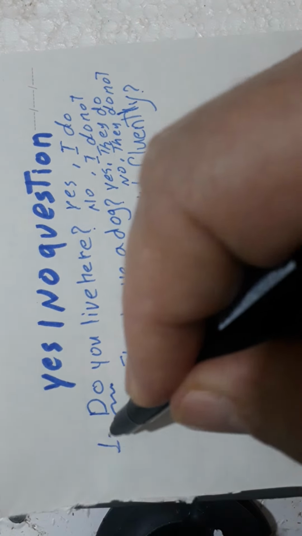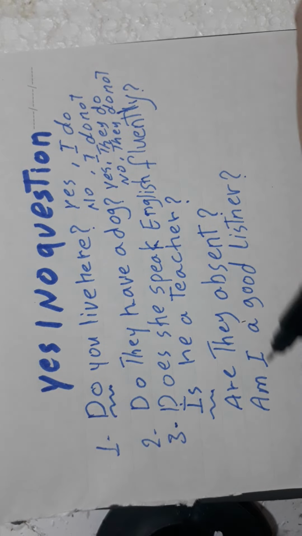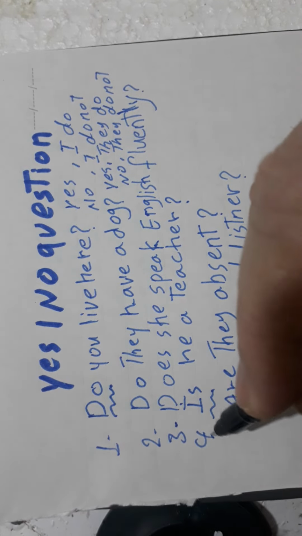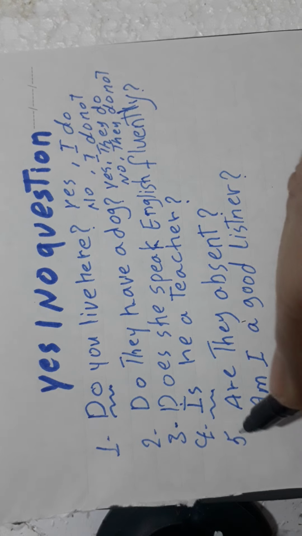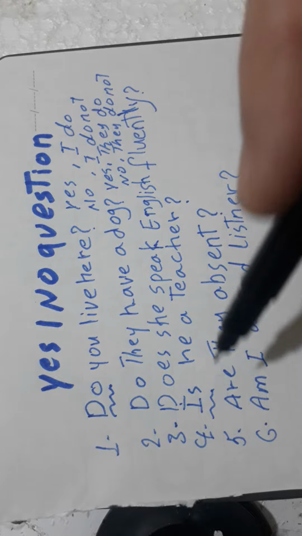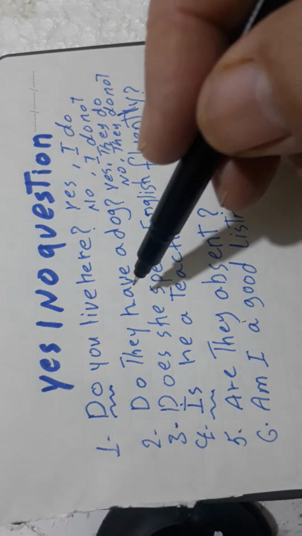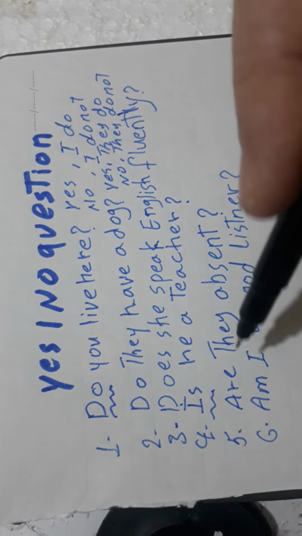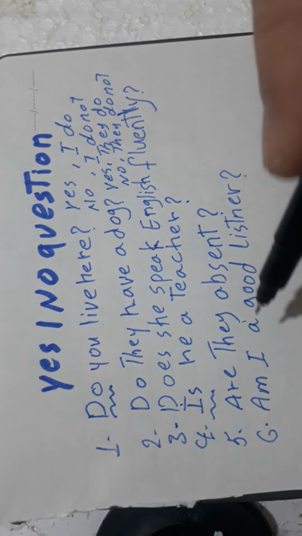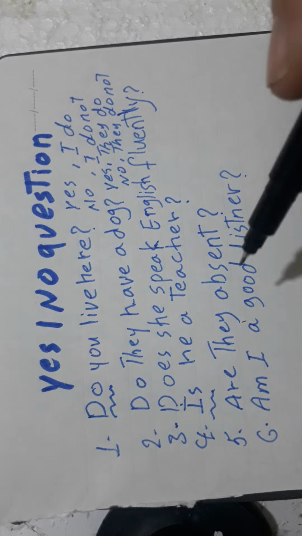So let us say one, two, three, four, five, and six. Now, in one, two, and three, we use do or does when we have a normal verb: speak, have, live. But in the others, the main verb used in the original sentence is present to be.